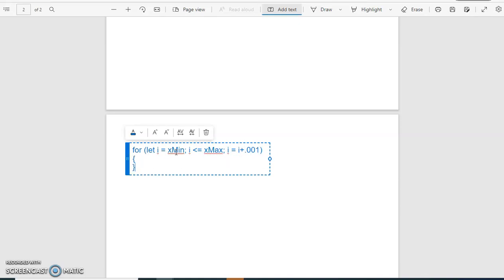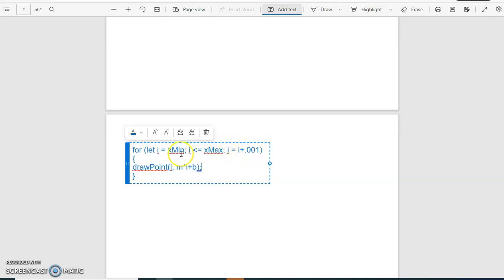I'm going to assign i to be whatever i was before plus 0.001 and assign it back to i. Okay, so i is essentially my x coordinate. I'm going to draw a point at i, and then to get the y coordinate, just like we did with those 3 or 4 points up there, we're going to take the slope, multiply it by i, and add the y-intercept. So that will draw the point at the current x and the current y.